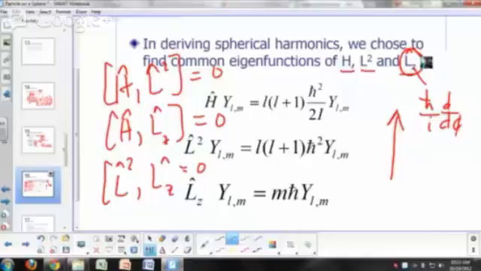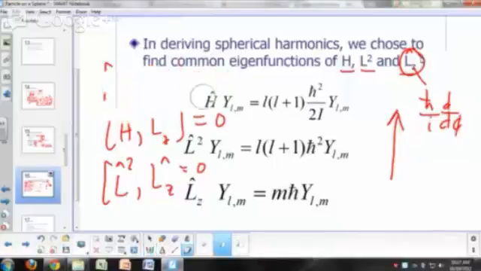And if your particle is described by the spherical harmonic that has a well-defined L and M, then we know its energy very well. We know its angular momentum, it's very well defined, and the z component of its angular momentum is also very well defined, and they're listed right here.